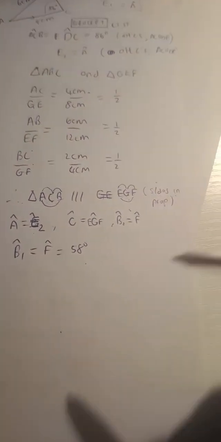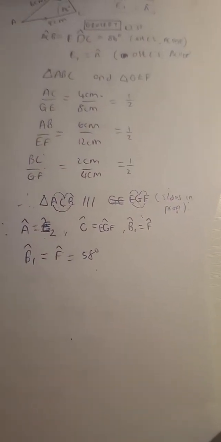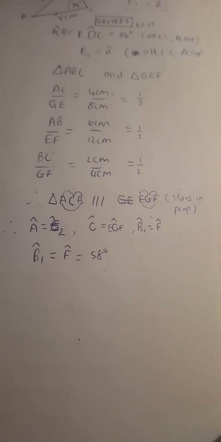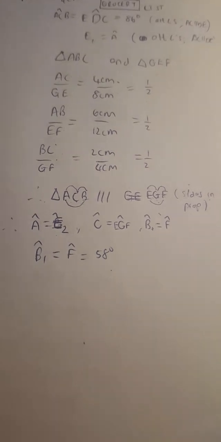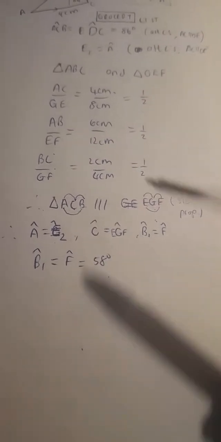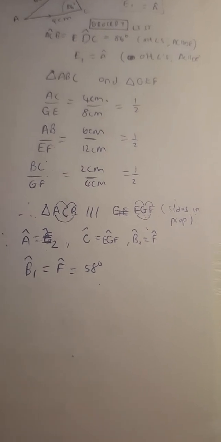But guys, we need to show that. We can't just say angle B1 is 58 degrees. I think someone had said that earlier on, but we need to indicate that through proofs. Working out must be shown.